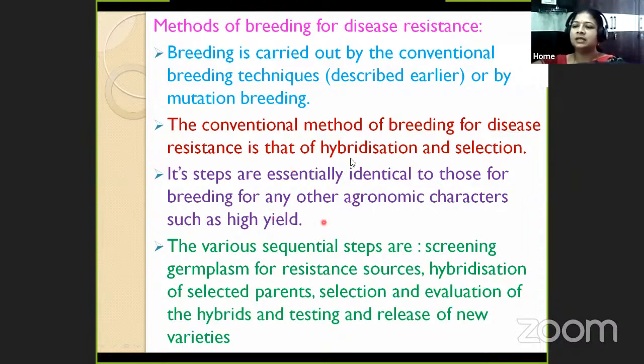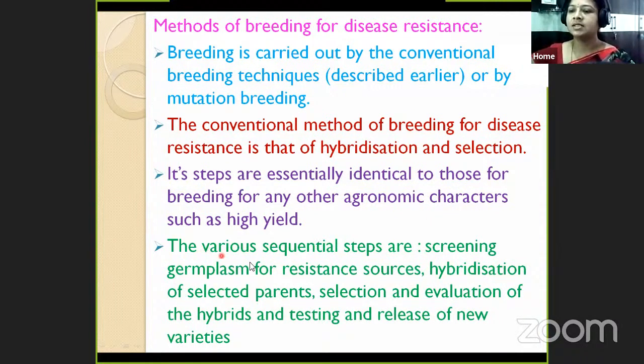The steps are similar for high yielding, disease resistance, or stress resistance breeding. Hybridization is practiced, superior hybrids are selected, multi-locational trials are conducted, and they are finally released as a hybrid variety.